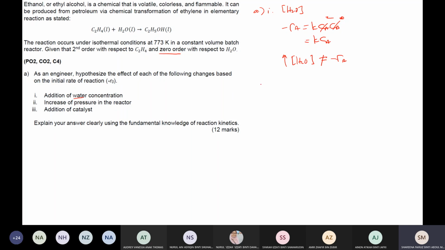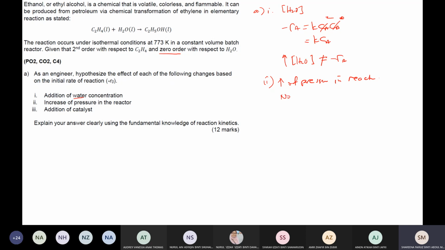Okay, and then we have a number B. Okay, increase of pressure in the reactor. Okay, disebabkan this is in liquid. Okay, so selalunya kalau kita increase of the pressure, dia does not change the reaction.